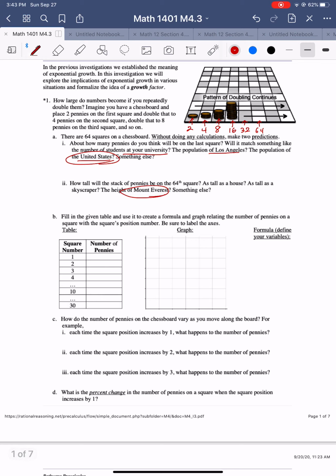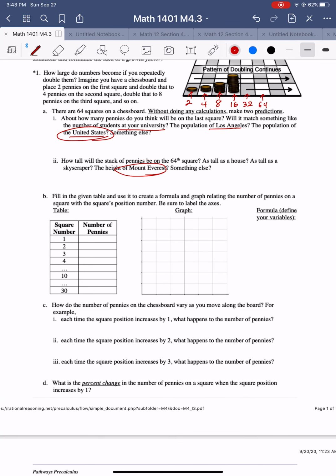So B, fill in the given table and use it to create the formula and graph relating the number of pennies on the square with the square position numbers. Be sure to label the axes. Okay. So the first square, of course, has 2 pennies. Second square is 4, 8, and then 16, right?